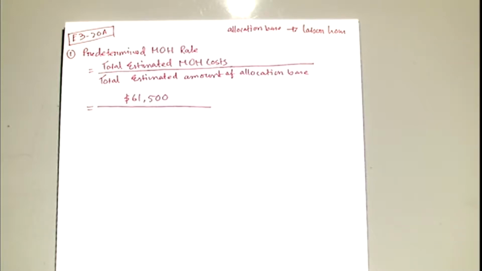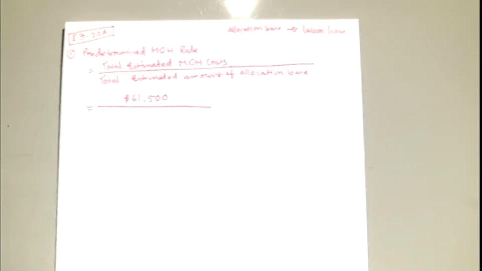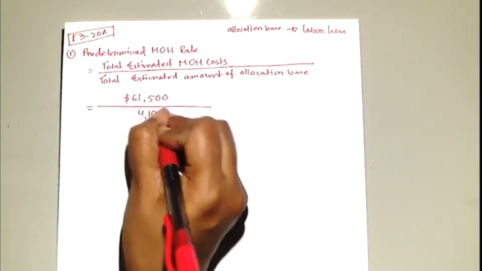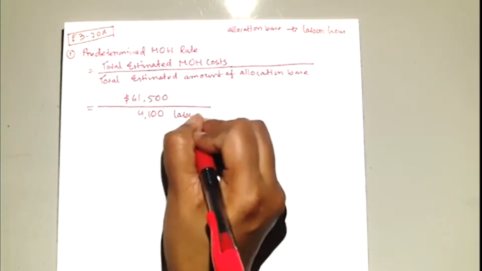You got it? Okay, good. Now we know our allocation base is labor hour. Again, it's estimated. So what is their estimated labor hour for the upcoming year? Yes, Courtney? 4,100. So this one is labor hour, right?